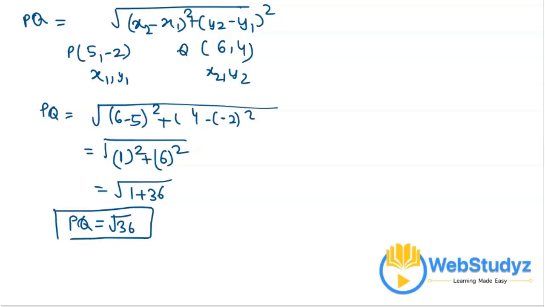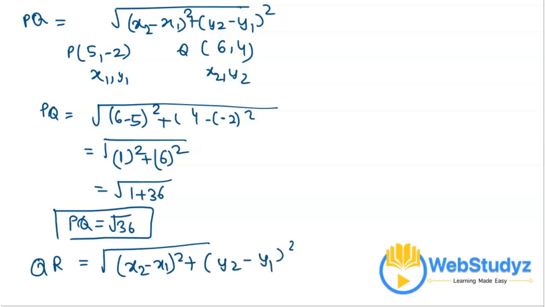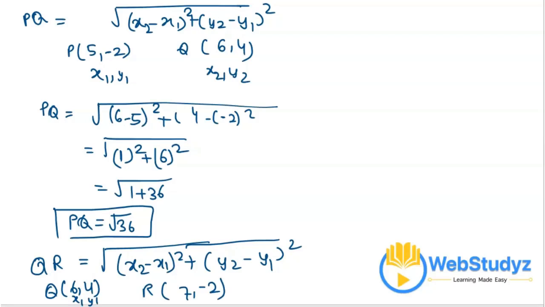Now calculating the value of QR. Again QR is given by the formula, the square root of (x2 minus x1) whole square plus (y2 minus y1) whole square. We have the point Q, which is (6, 4), and the point R, which is (7, -2). So Q is (x1, y1) and R is (x2, y2).